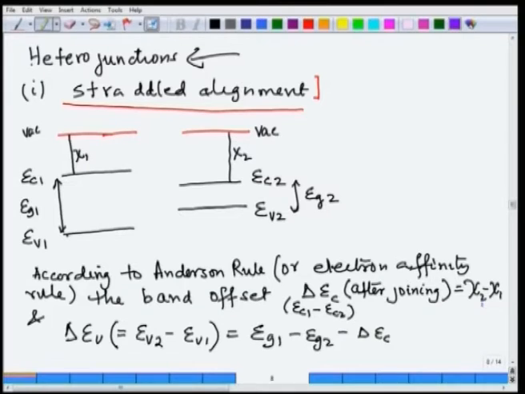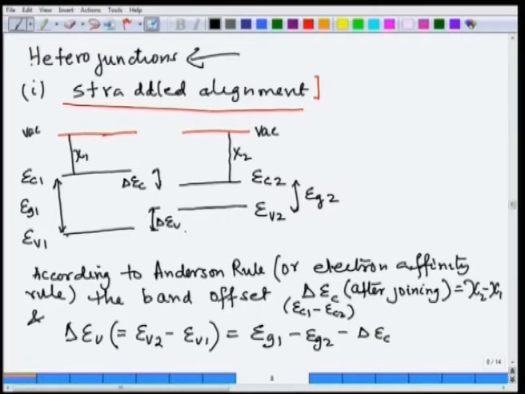And by the same token, you should be able to see that this value is delta EC, and this value is delta EV, and delta EC you can clearly see is psi 2 minus psi 1, which is written right here, and that after joining also it remains the same.